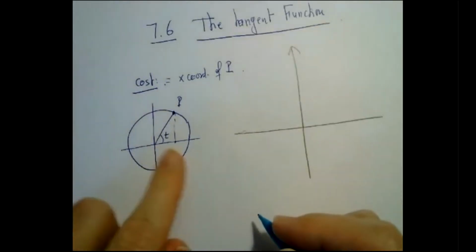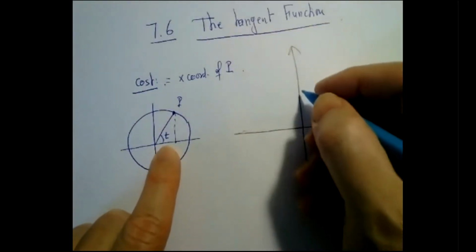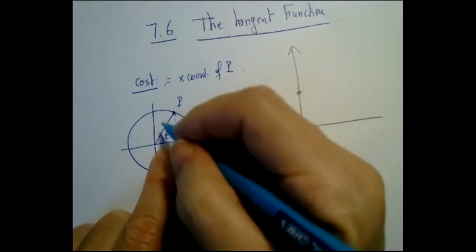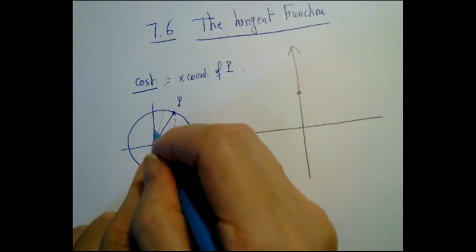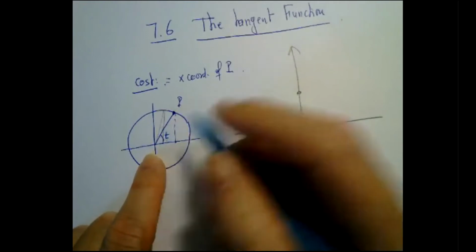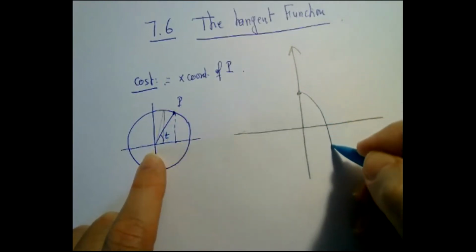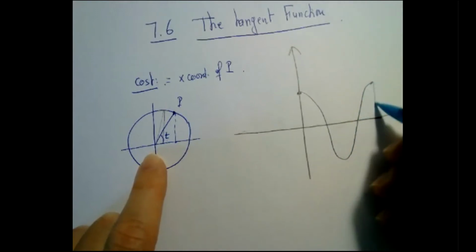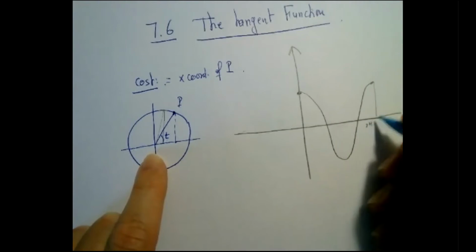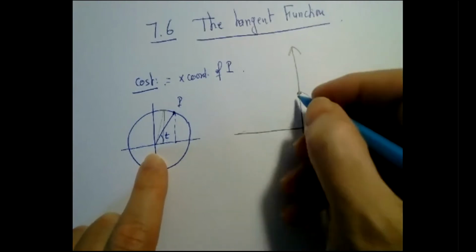If t is 0, what's the value of the cosine? It is 1. As we move toward pi over 2, the x component is getting less, so the cosine goes down like that, and it's back up at 2 pi. Then it repeats itself from both sides.